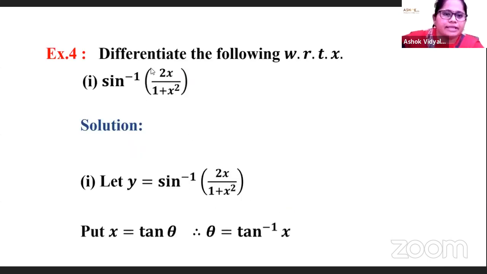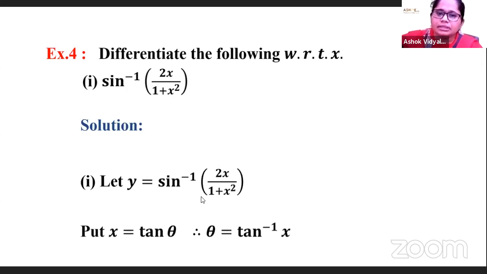Now, the next example is: differentiate the following function with respect to x, and our function is sin⁻¹(2x/(1 + x²)). Let y = sin⁻¹(2x/(1 + x²)). Here, see properly, put x = tan θ. Why do we put x = tan θ?